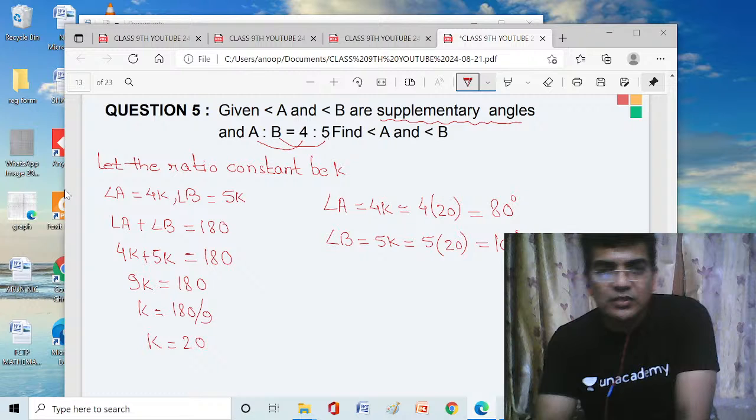Okay, so we will again start with the same procedure, that let the ratio constant be k. If I take the ratio constant k, I can say this angle A will be 2k and angle B will be 3k.